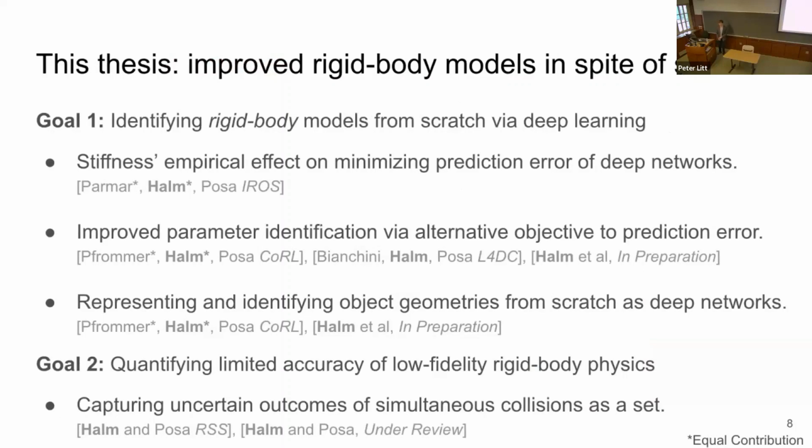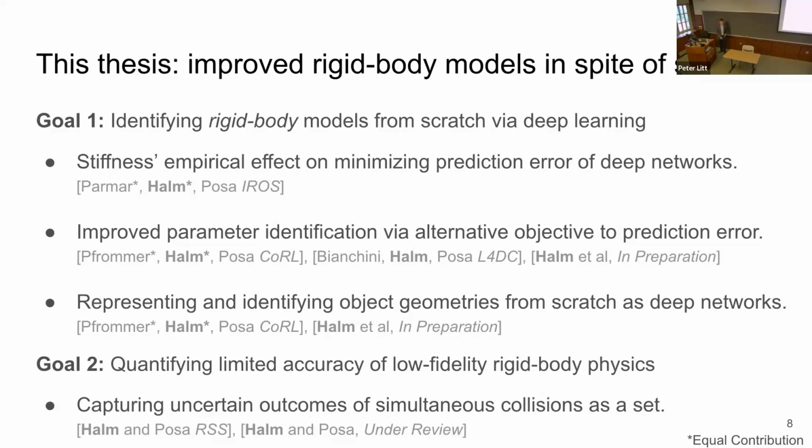And the essential goal that we pursued in the main breadth of this work is to combine principles both from physics-based and empirical learned modeling to create effective rigid body models, which we can construct from scratch. To pursue this goal, we are going to present three parts. First, we're going to take a deep analysis and empirical examination on why traditional deep learned models may struggle to capture contact.